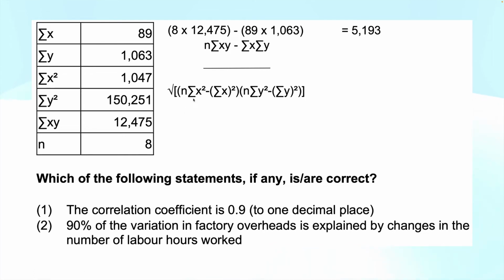The sum of x squared, that's given here, 1047, minus the sum of x, 89 to the power of 2. Okay, so that's how you did that. And it's the same thing again. N times the sum of y squared, so n is 8. Sum of y squared is 150251. Then minus the sum of y, 1063 to the power of 2.